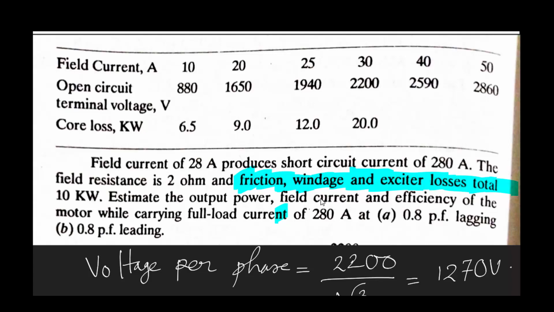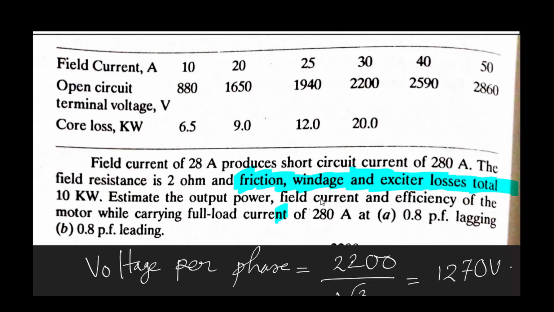And what is exciter loss? Basically, some solid state electronics devices are used to feed. What is exciter basically? Generally, we need DC current or DC supply so that we can energize our field winding, but there is no external or additional supply given.